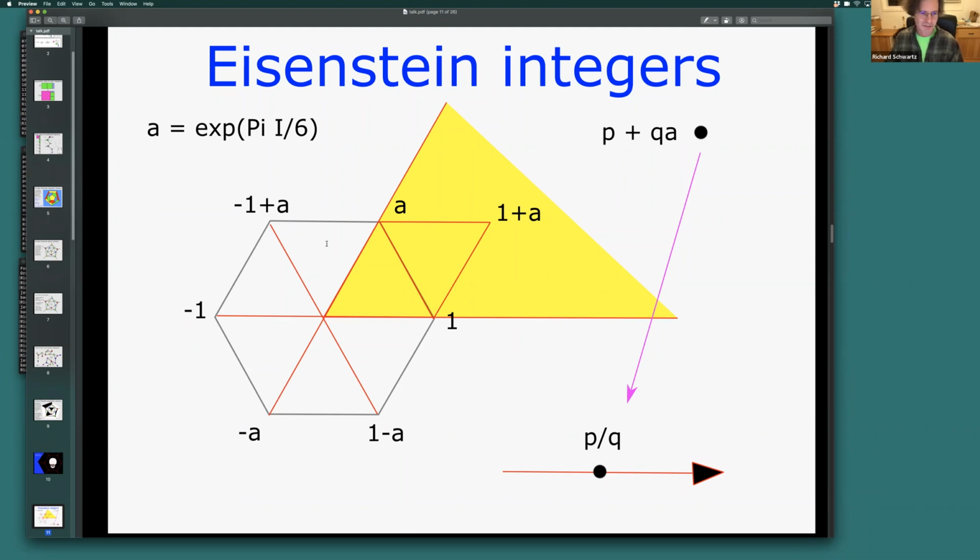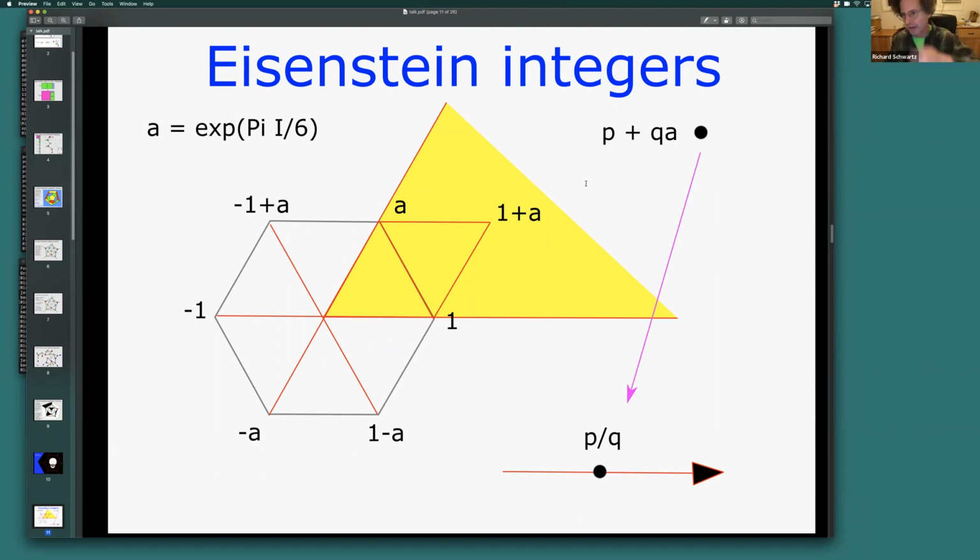Number theorists often use A squared for some reason, but they call it omega equals A squared. But anyway, if you look at the Eisenstein integers in this yellow sector, they have the form positive plus positive times A.